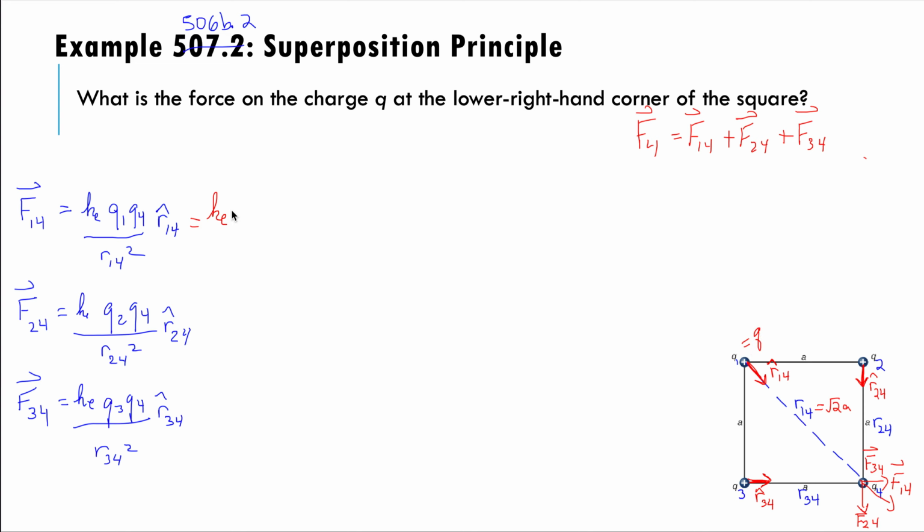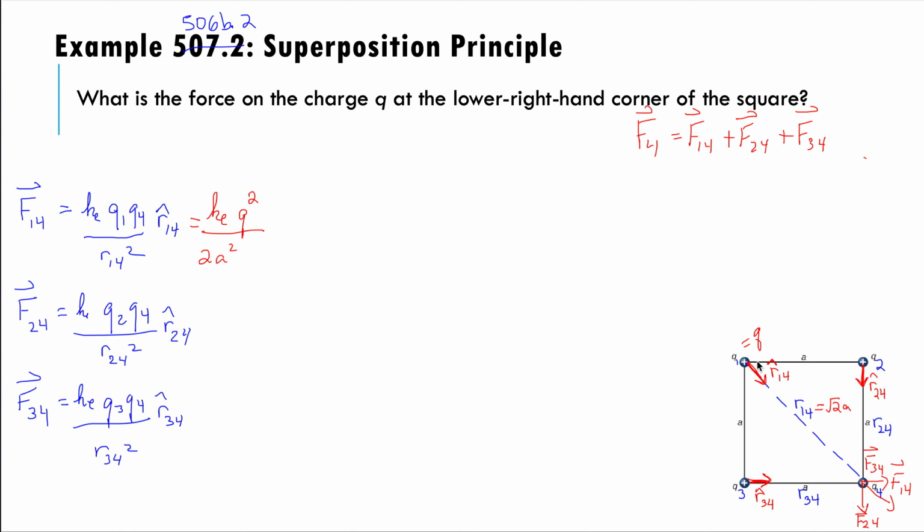So we can just put Q times Q, which is Q squared, for the product of the two charges. Then the distance R14 is square root of 2 times a, so we need to square that. So that's going to be 2a squared. And finally, we need R14 hat.